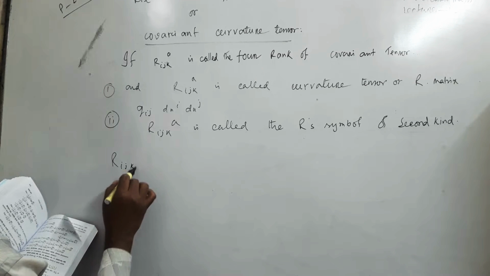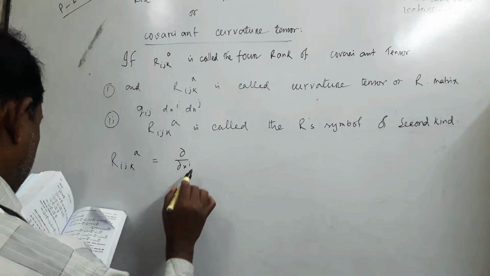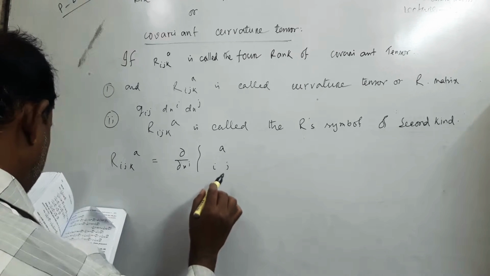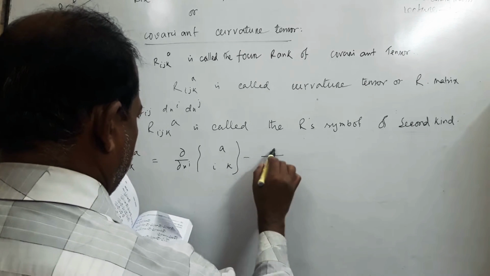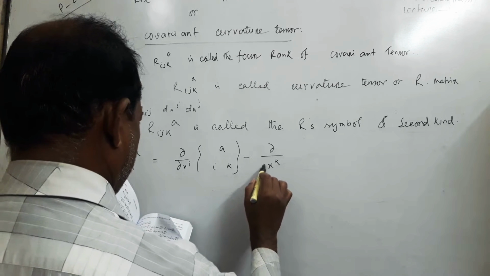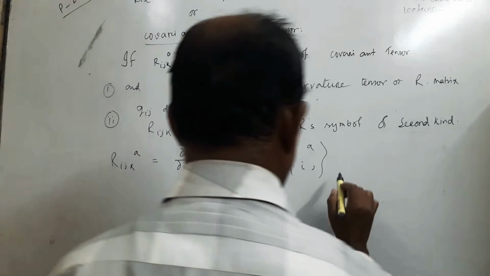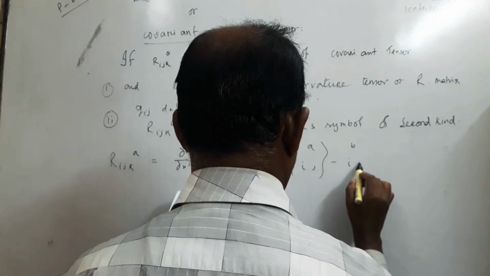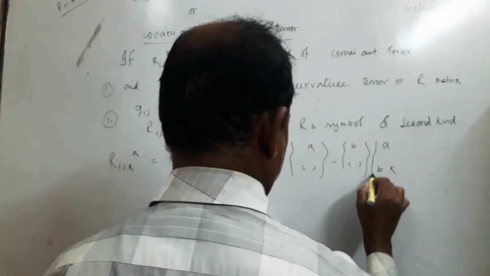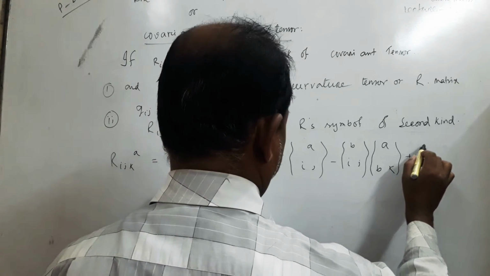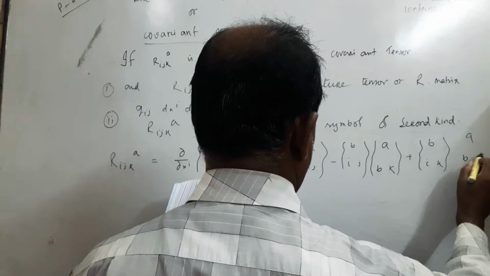Rijk equals del x j of a I j a I k minus del x k into a I j minus b I j a b k plus b I k into a b j.